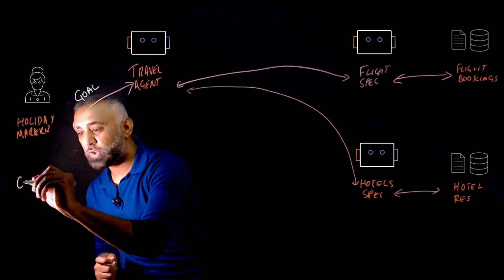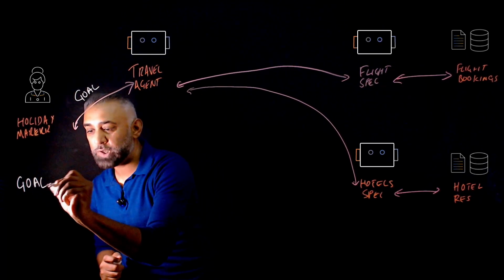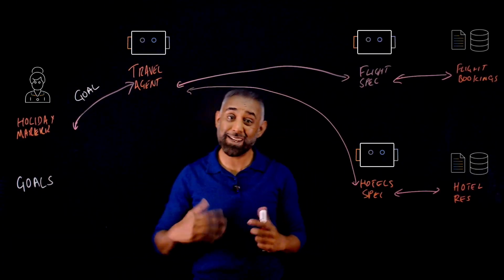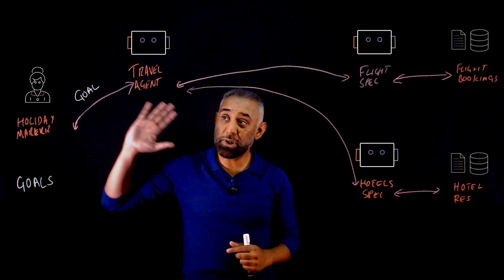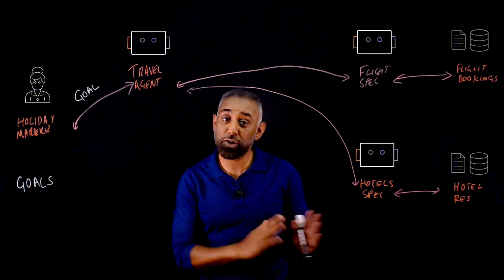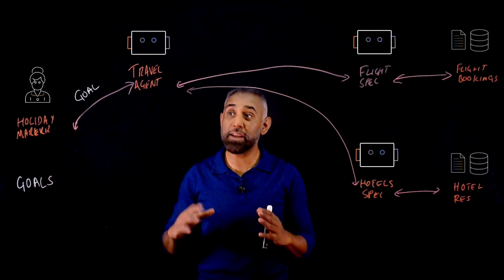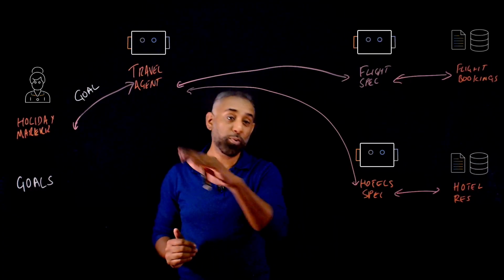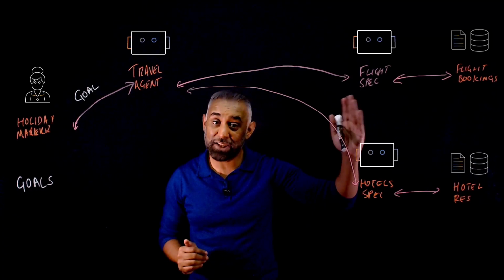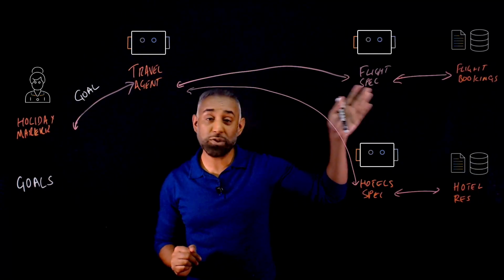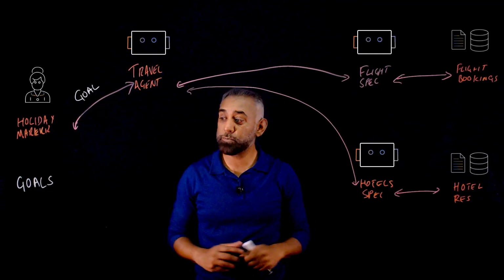Let's just drop that in here, because these are key points that everyone needs to be aware of. To make this system fully autonomous and agentic AI, there needs to be a goal so that AI agents understand what am I trying to achieve, and then it will figure out how to go about doing that. Then it will speak to, for example, the flight specialist AI agent, who will get their information from the booking system, and so on.